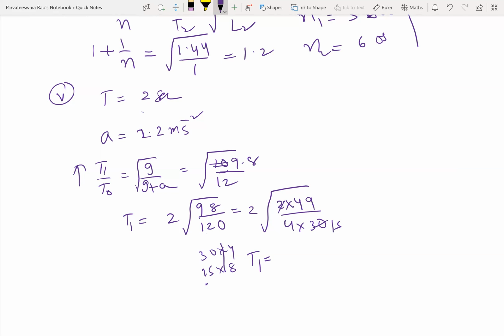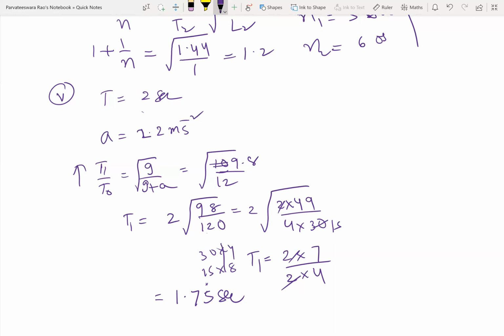So T1 will be 2 into root 49 is 7, by root 4 is 2, nearly. So 7 by 4, that is 1.75 seconds.